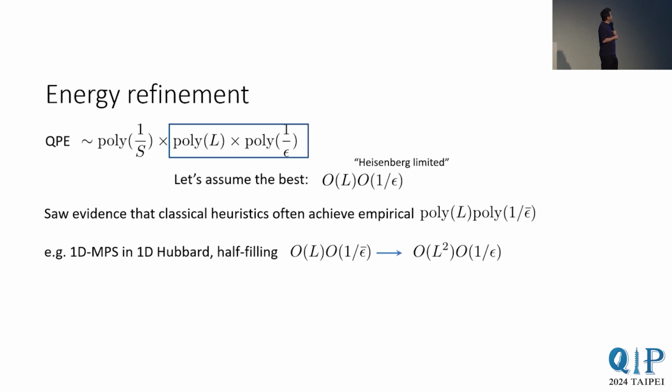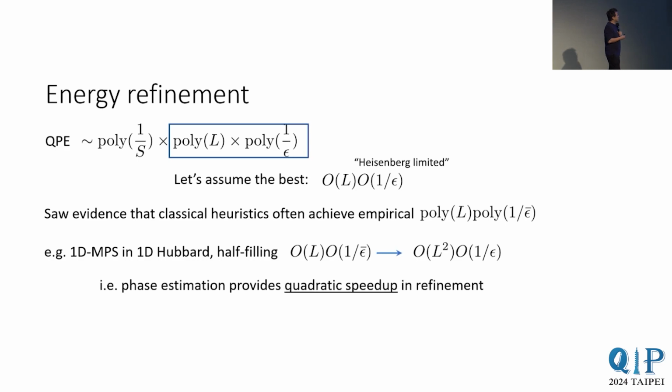But if you look in detail at the actual powers, the data I just showed you from the variational calculations in the 1D Hubbard model were order 1 on the relative precision. And if you turn that into the absolute precision, then this introduces a quadratic scaling in the system size.